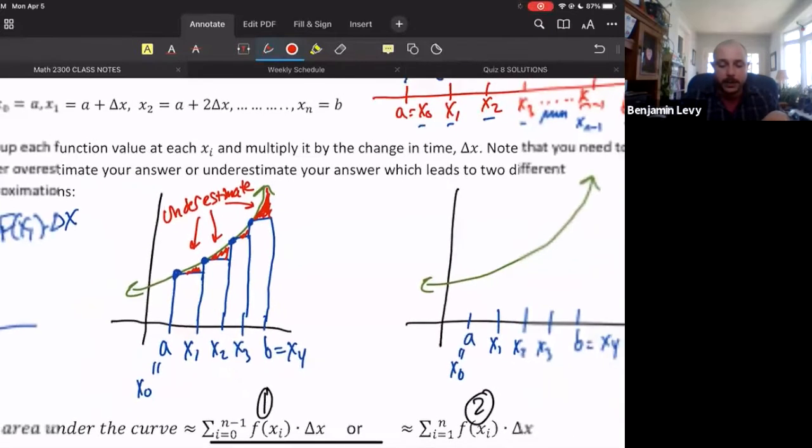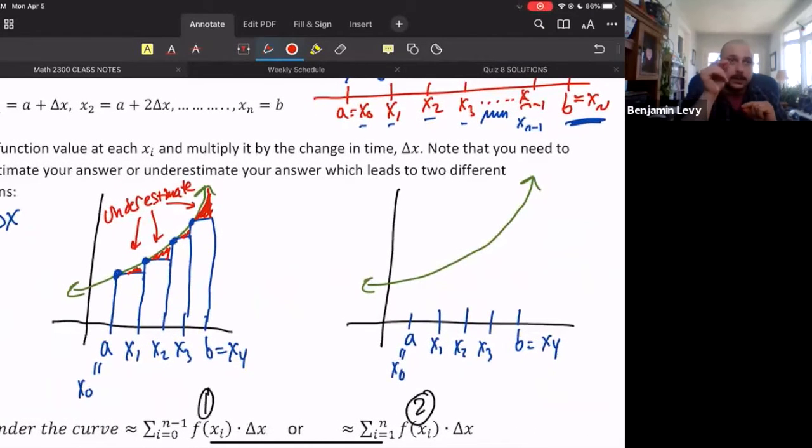What I'm trying to point out here is if we let the right top touch the graph, it'd be a perfectly fine way of doing it, but then we'd have an overestimate. So let's do the same thing, but instead of having the left side do it, let's make the right side touch the graph.